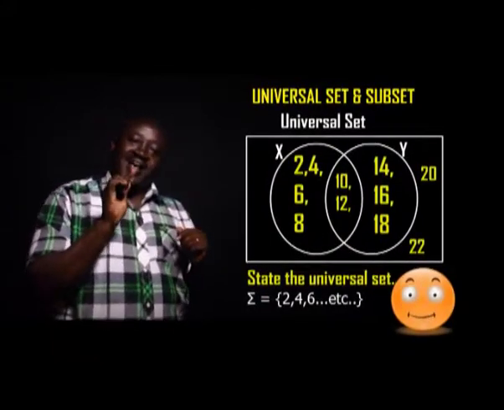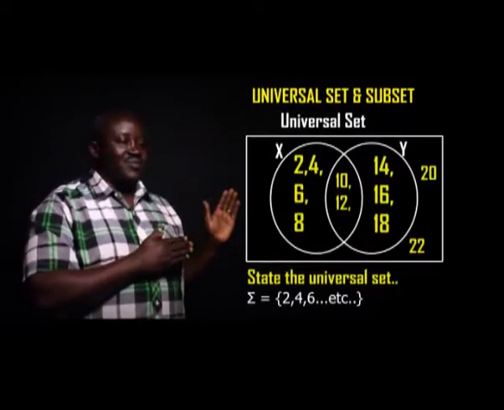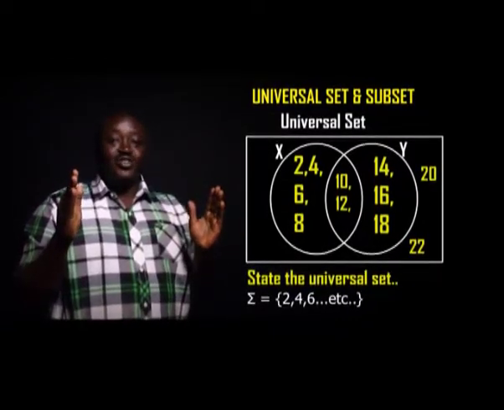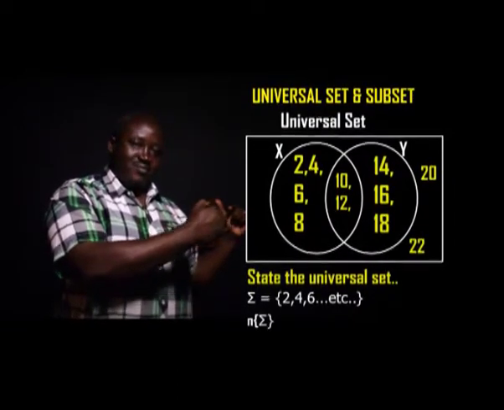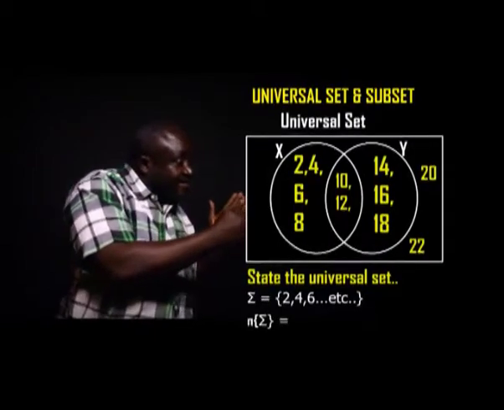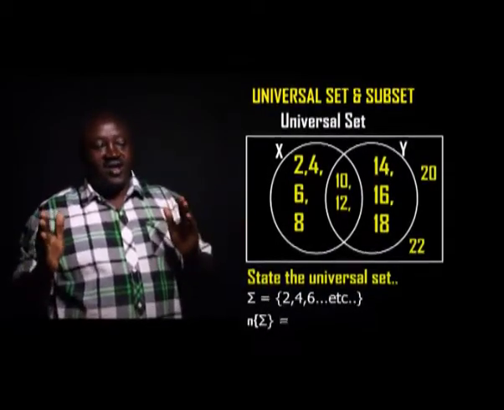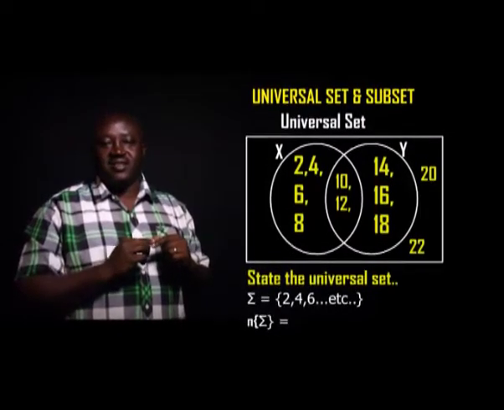Now, you can also be asked on the same diagram to give the number of members in this universal set. So what you will do is just count the number of members.